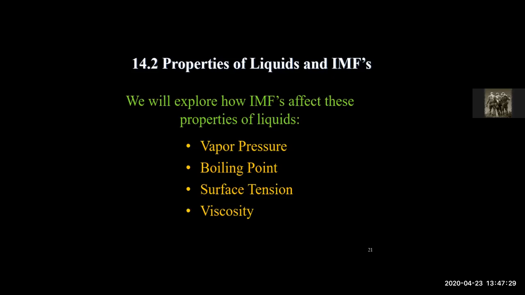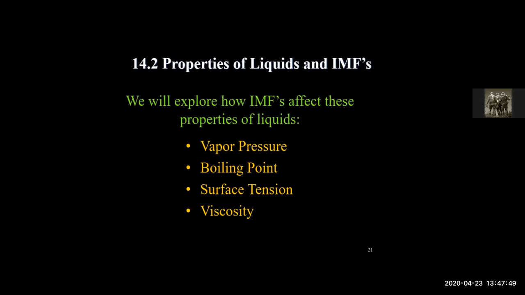Think about that. All right, boiling point. That is the temperature at which a liquid boils. Water, for example, boils at 100 degrees Celsius. Things like alcohol, for example ethanol, boil at about 78 degrees Celsius.